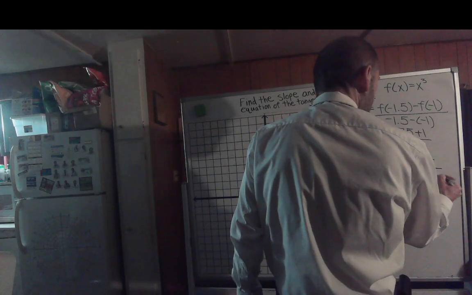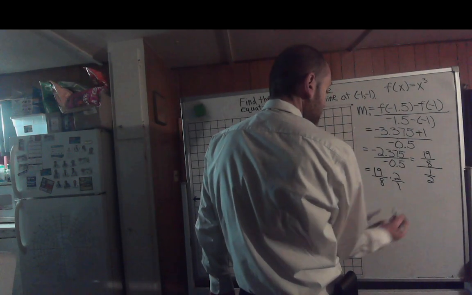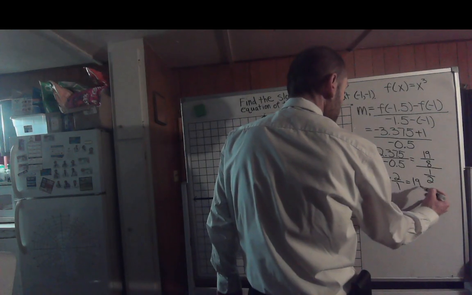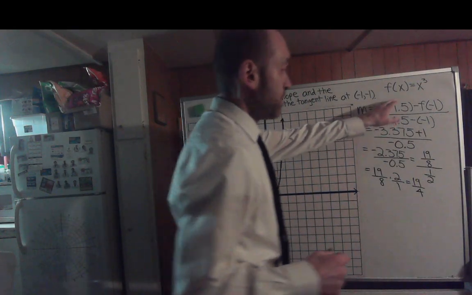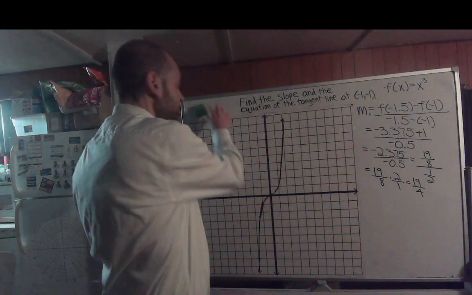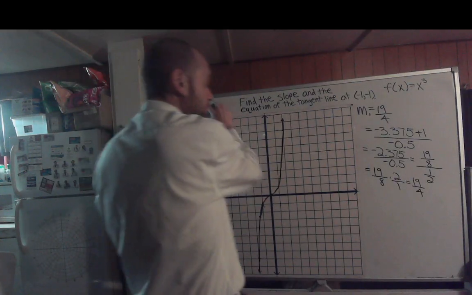So you'd have 19/8 divided by 1/2, which is going to equal 19/8 times 2/1, which would end up giving you a slope of 19/4. So using from -1.5 to -1 for your x values, you get a slope of 19/4. So let's go ahead. I'm just going to write that up here for the sake of room. You get a slope of 19/4.